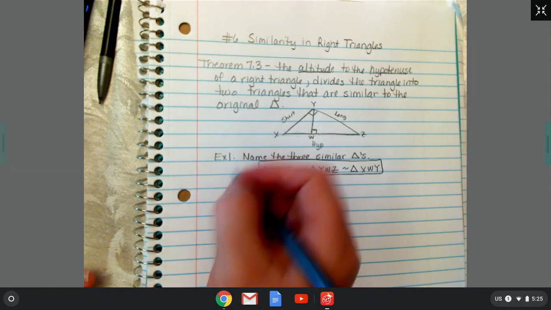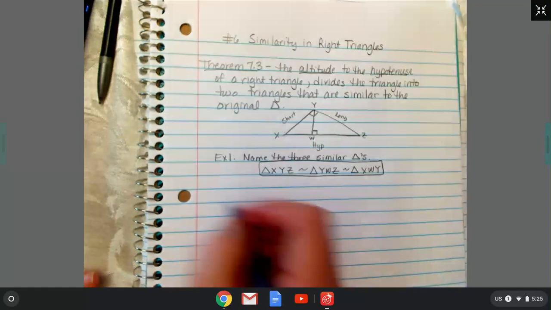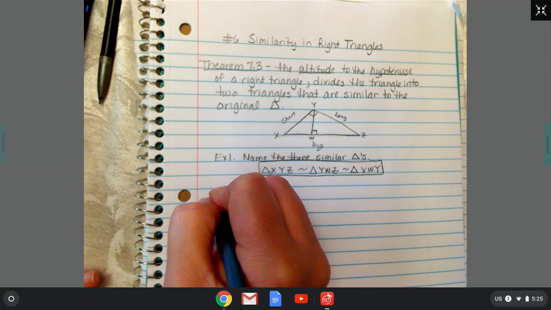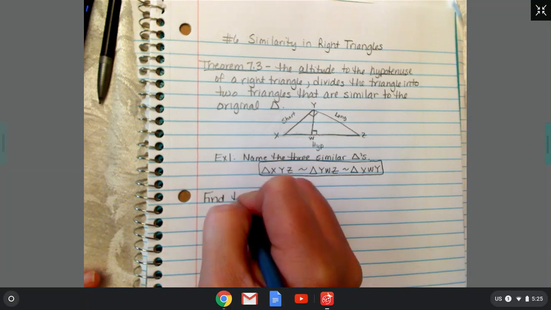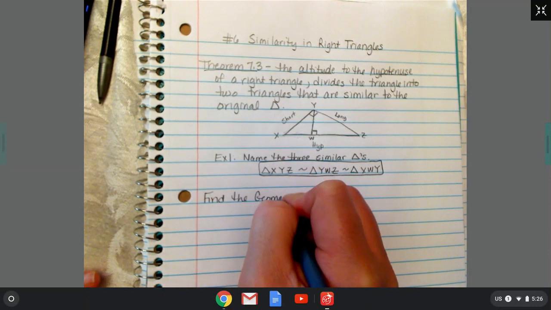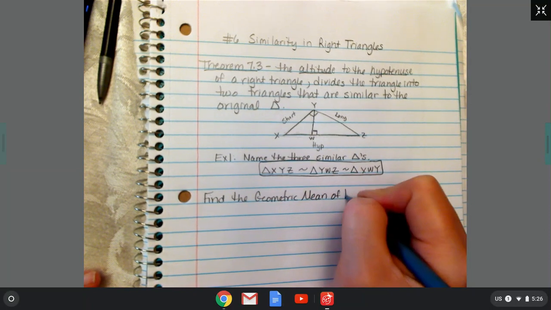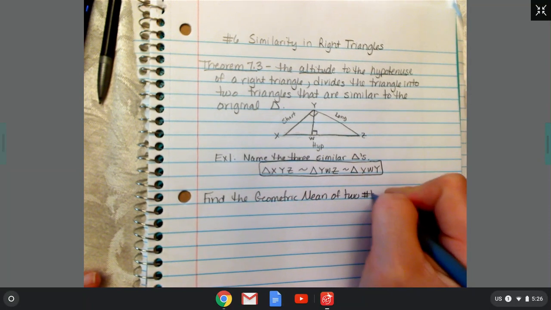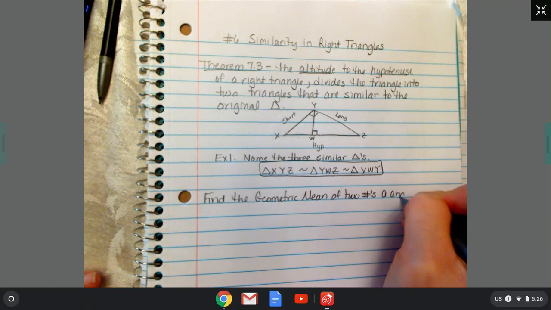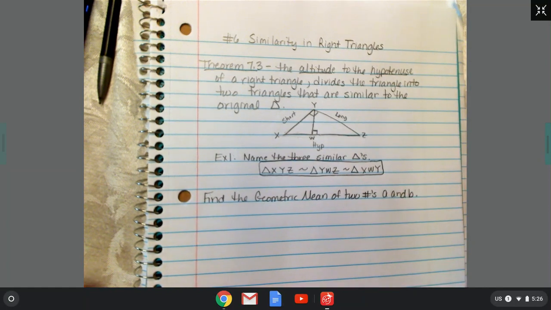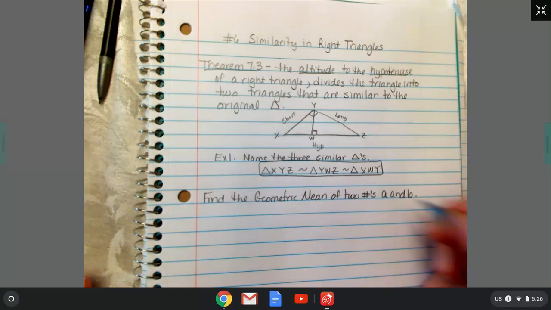Okay, then the next thing I want you to be able to do, the next skill, is find the geometric mean. Okay, and we'll call those numbers A and B. All right, geometric mean's not like arithmetic mean.